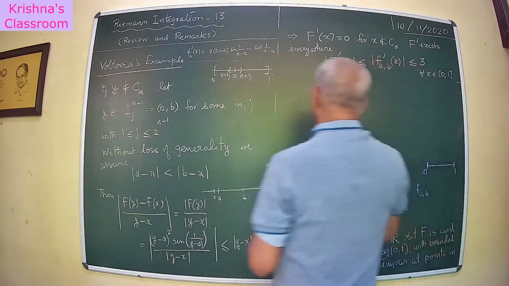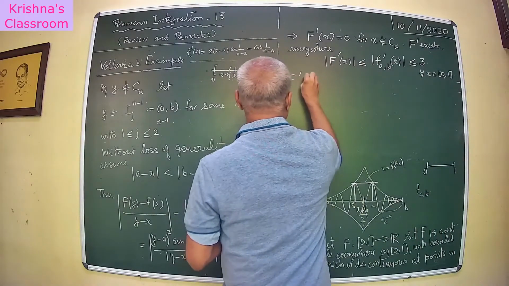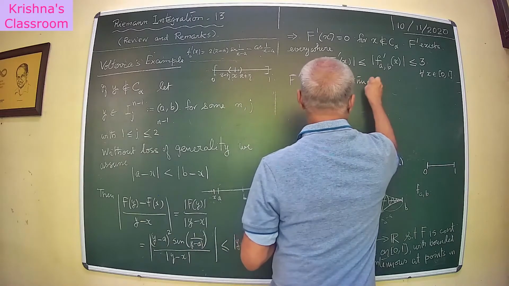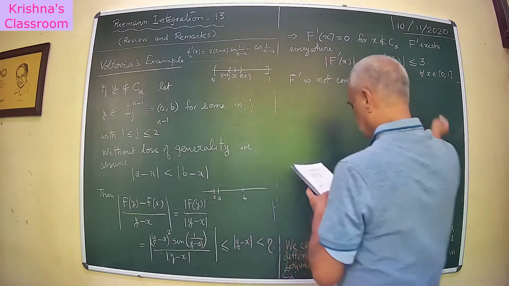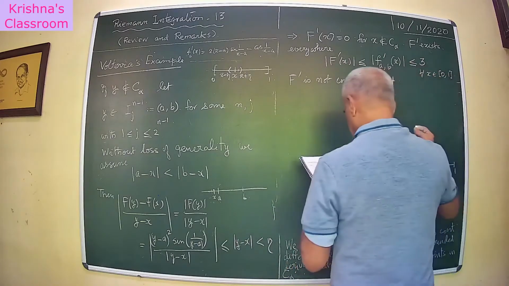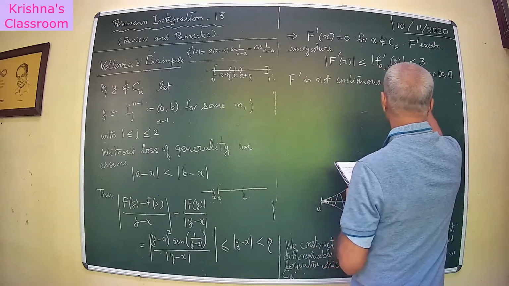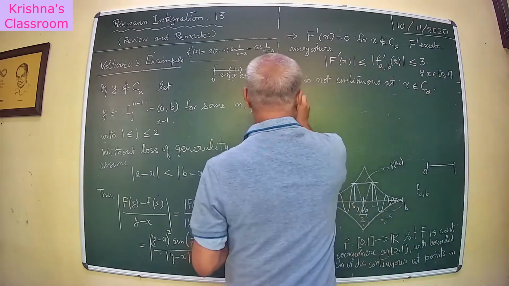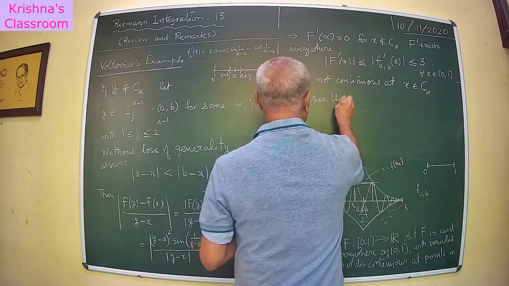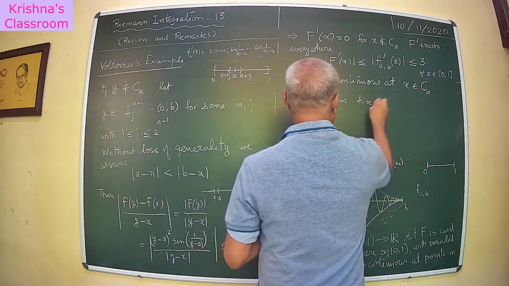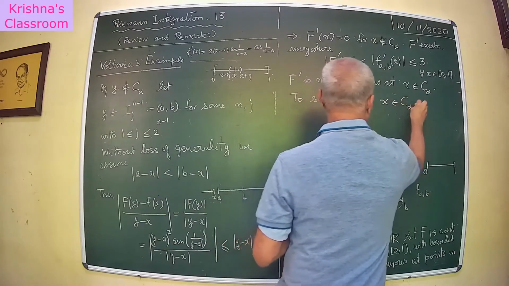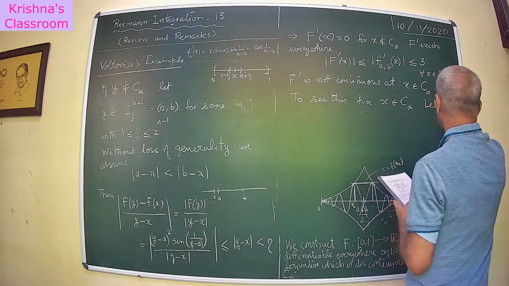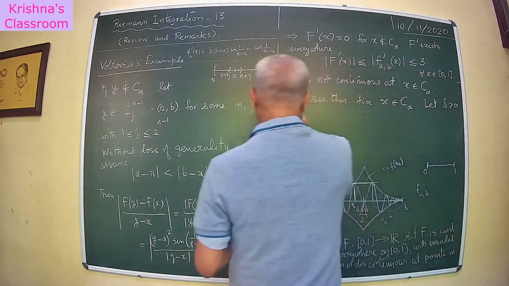So f dash is not continuous. So to see this, fix x, let delta be arbitrary.